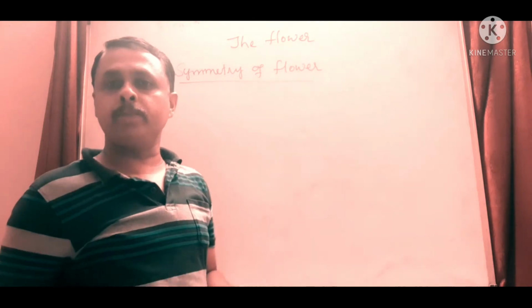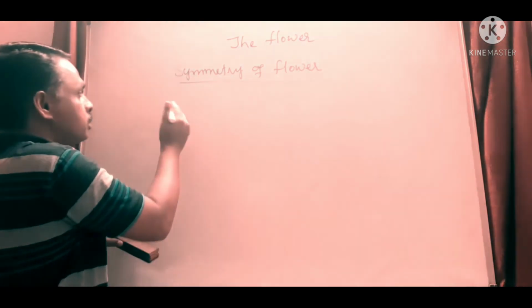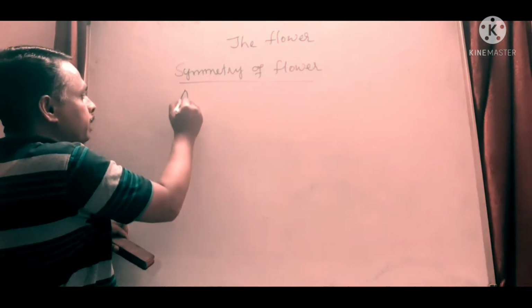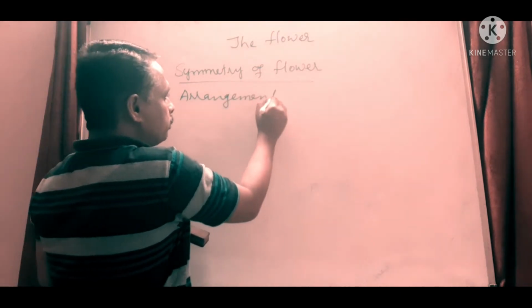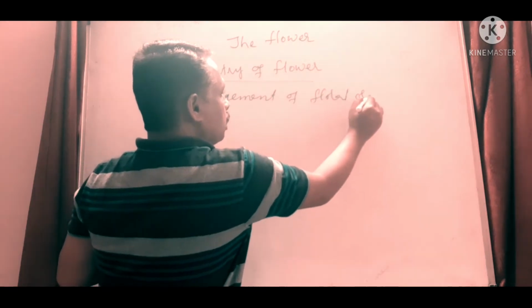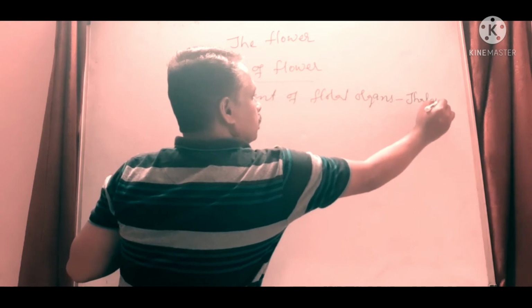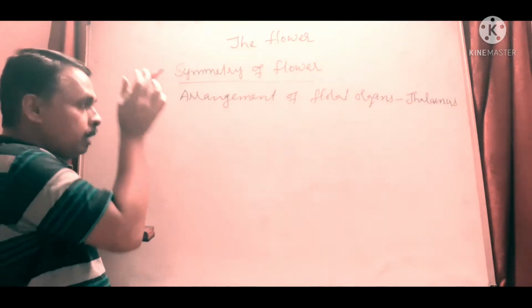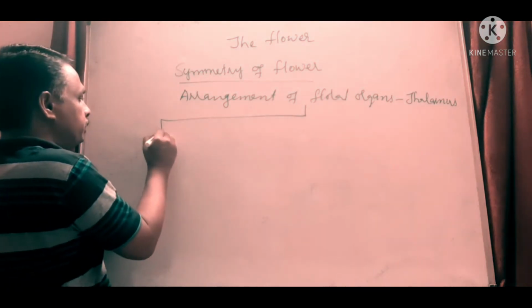The mode of arrangement of floral organs over the thalamus is called symmetry. Based on this arrangement, we have three types of symmetry.